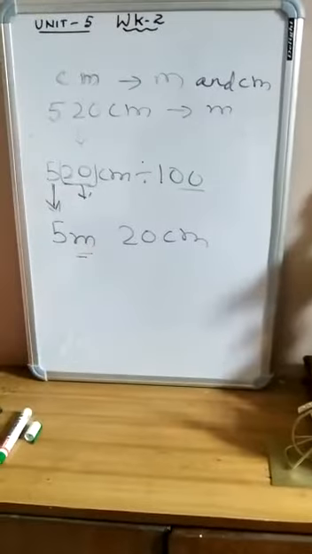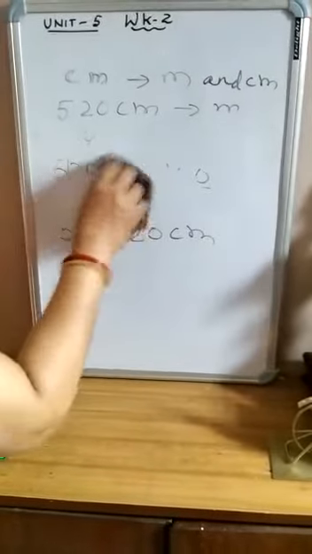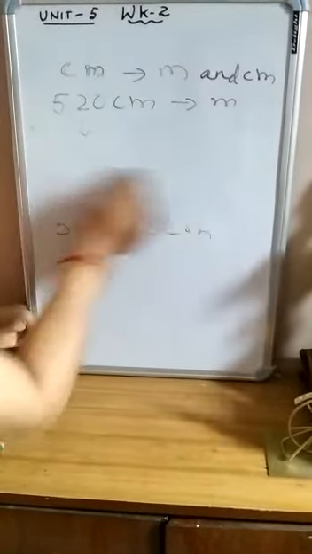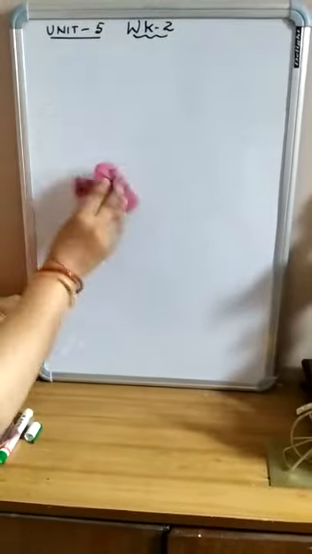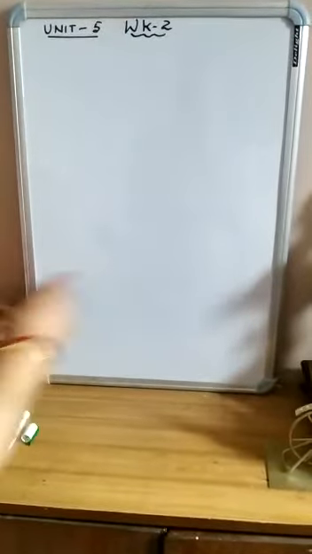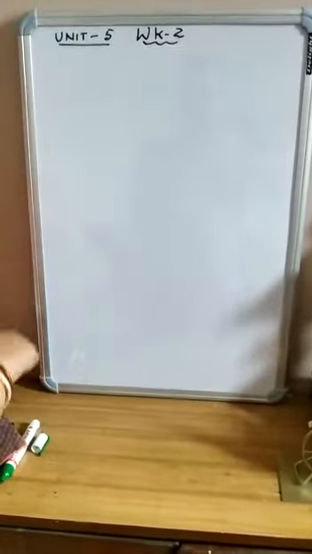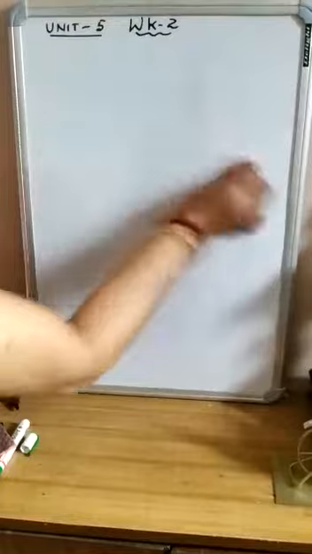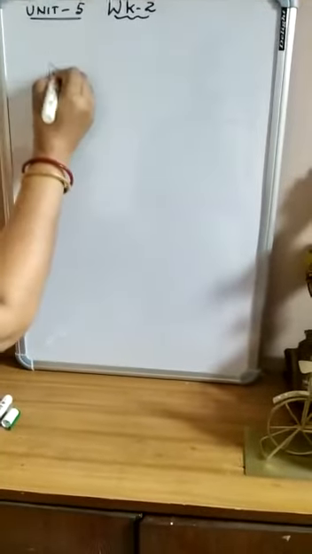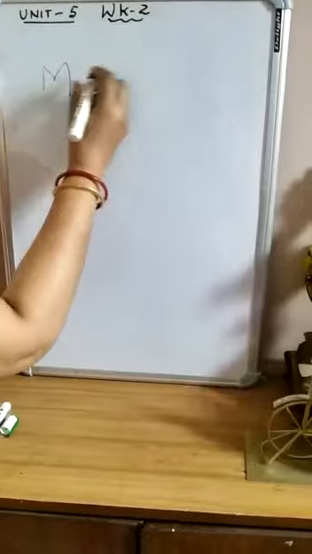Now next is converting the meter into kilometer and meter. Converting the meter into kilometer and meter. So here we have to convert meter into kilometer and meter. What we will do?